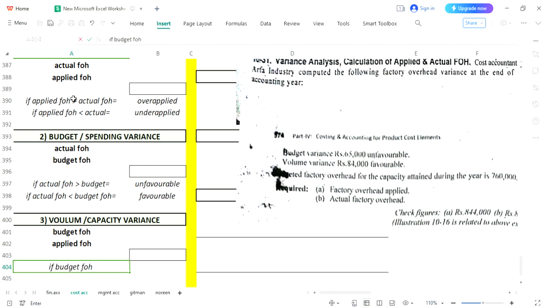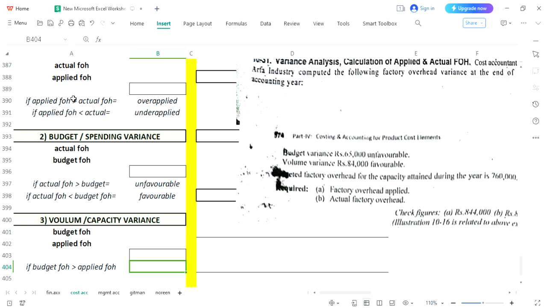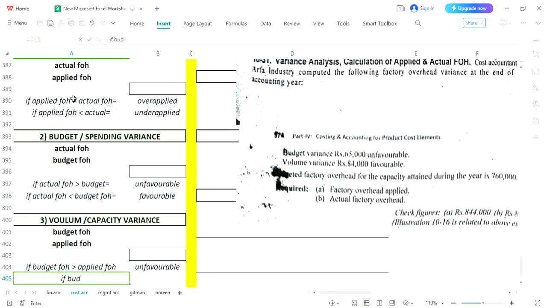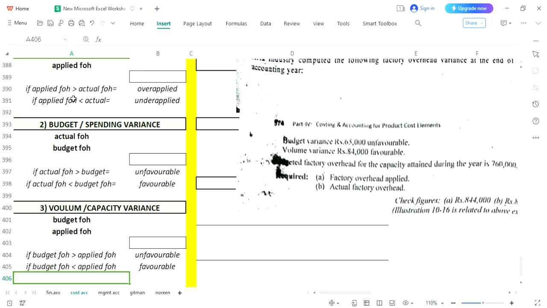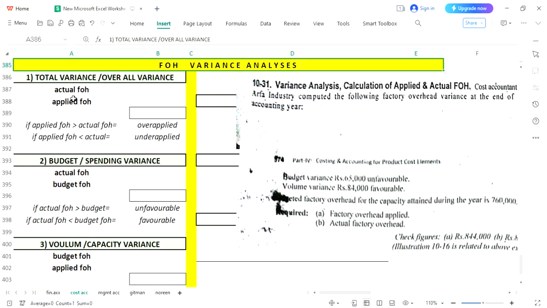If budget FH is more than applied FOH, that means you have to arrange more, more amount should be present in your pocket, so it's a burden and it would go unfavorable for you. Contrary to that, if budget FOH is less than your applied FOH, you have to arrange less, and it would go in your favor. So you calculate your variances by following this format.